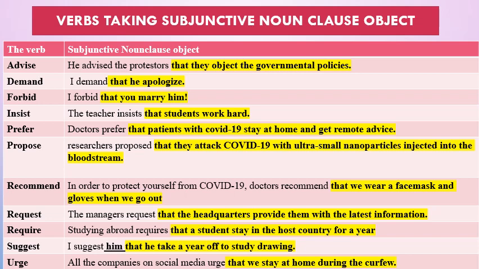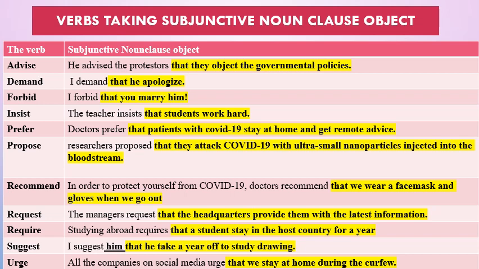Here we have a number of verbs which take a noun clause object in the subjective case. These verbs include advise, demand, forbid, insist, prefer, propose, recommend, request, require, suggest, and urge.